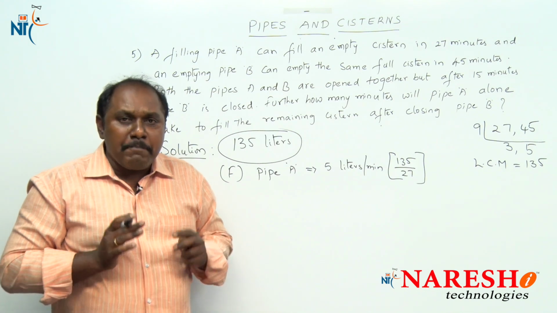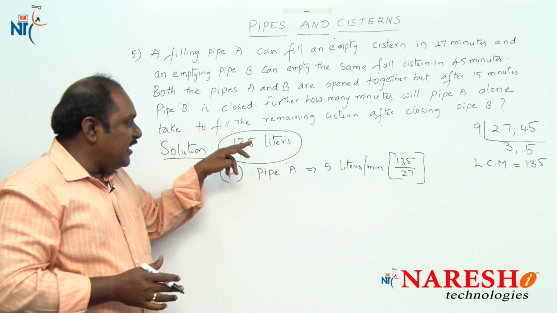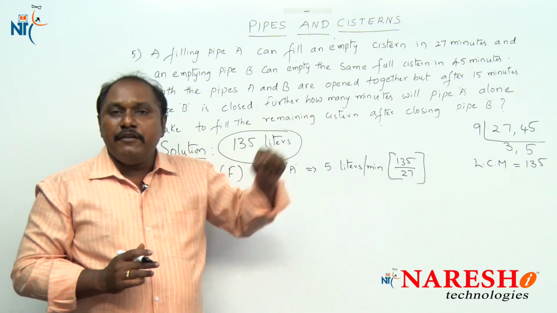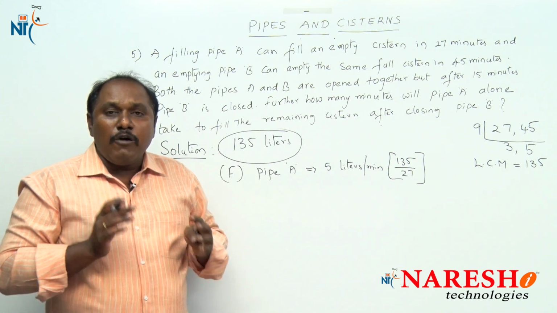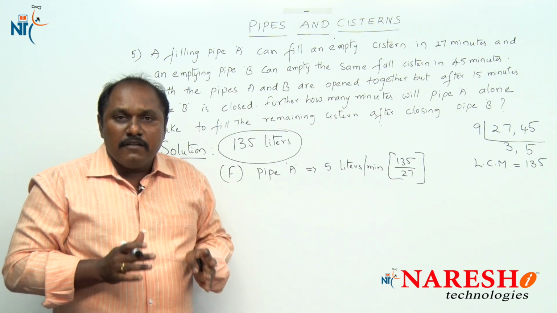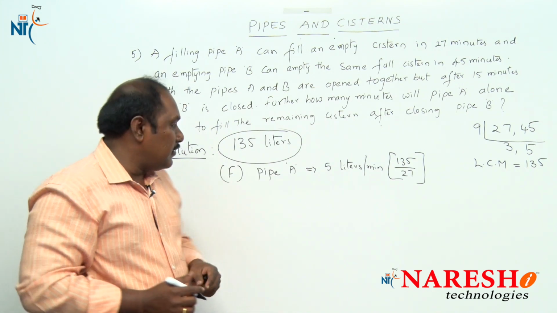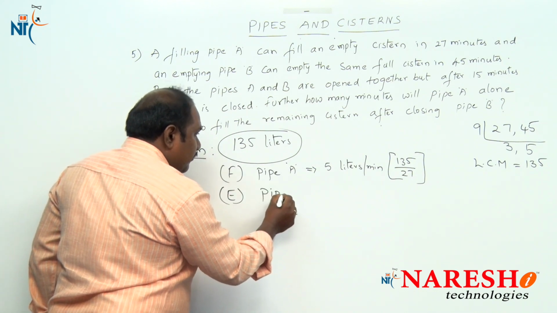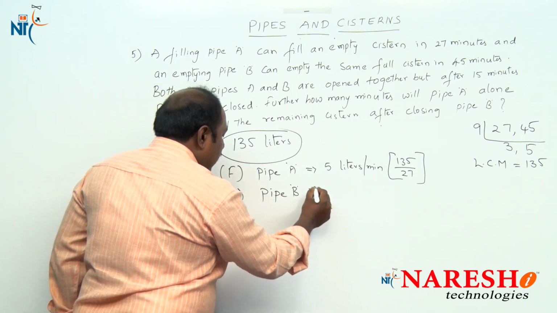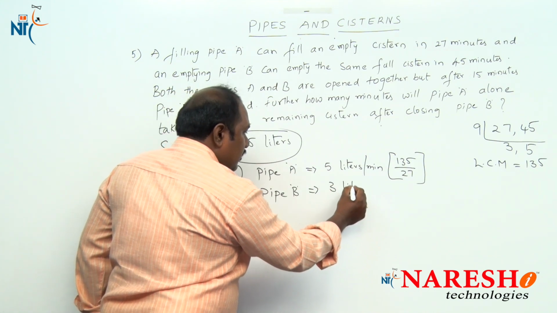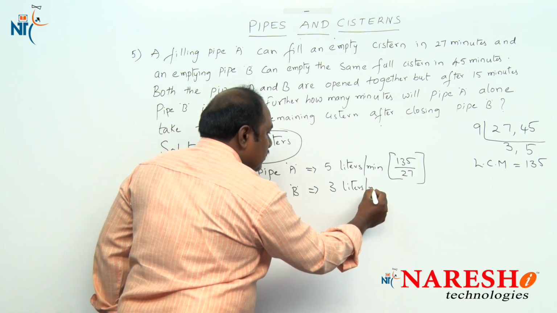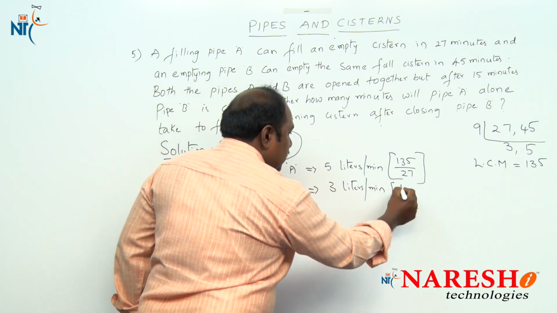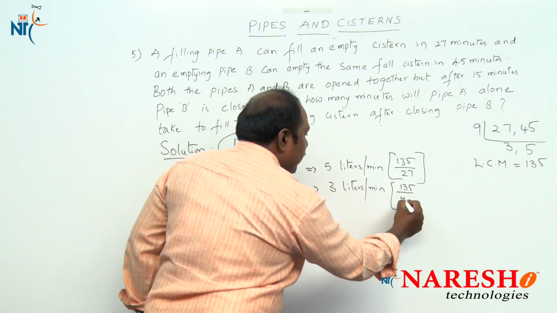Now the emptying pipe B can empty the same 135 liters in 45 minutes. So how many liters will it empty per minute? Pipe B will empty 3 liters per minute, which is 135 by 45.